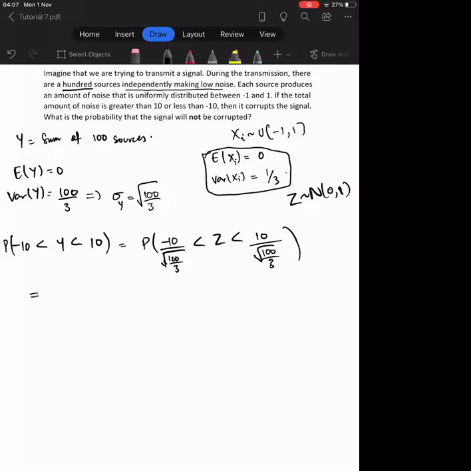This is going to be equal to phi of 10 over under root of 100 by 3 minus phi of minus 10 over under root of 100 by 3.